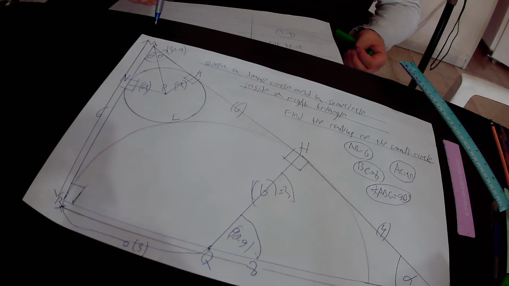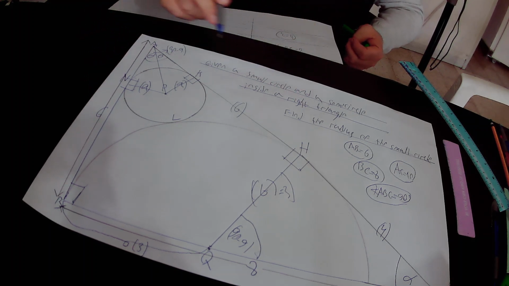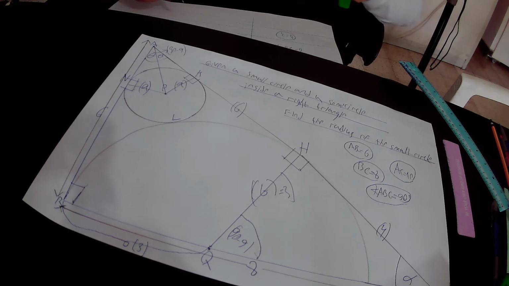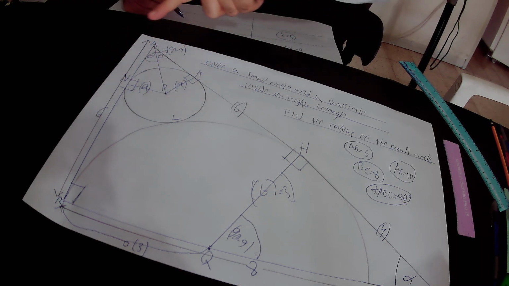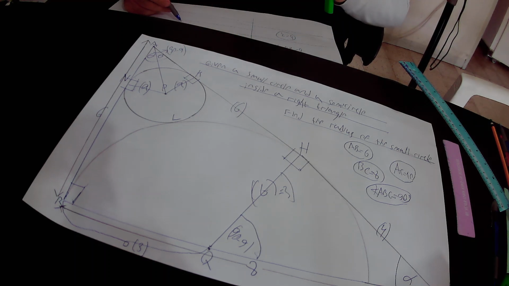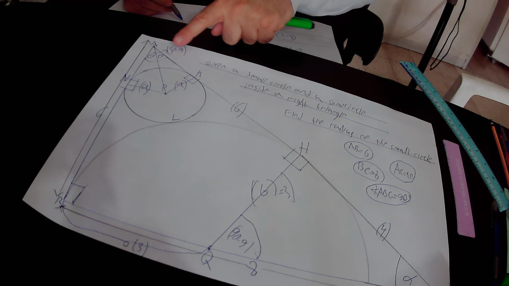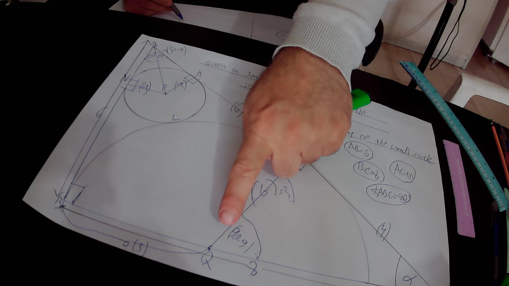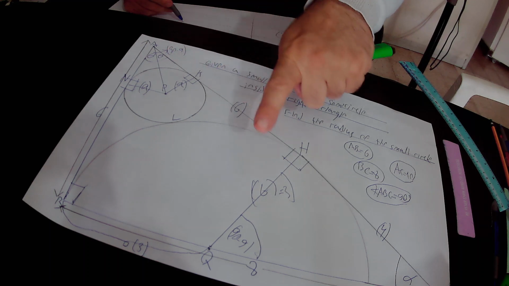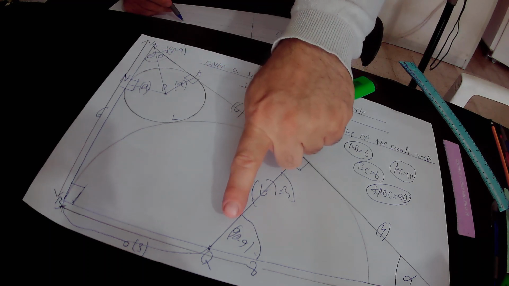By drawing tangent AB and tangent AH, we created the same angle A. And according to rule 15, the angle bisector of this angle A must pass through point Q, that is the center of this big semicircle.